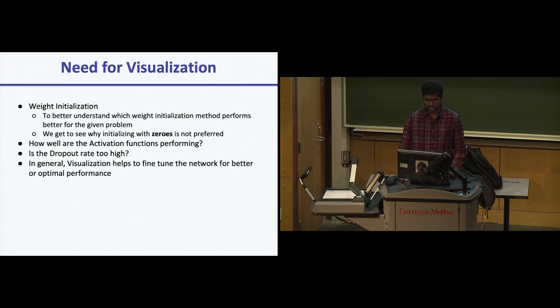And other things that you can easily choose for your model are the activation functions. By looking at the gradients over time, you can also say which activation function performs better for the given data set. Is the dropout rate too high? And in general, it's a good way to optimize and fine-tune your network and choose the best hyperparameters that your model would work best on.